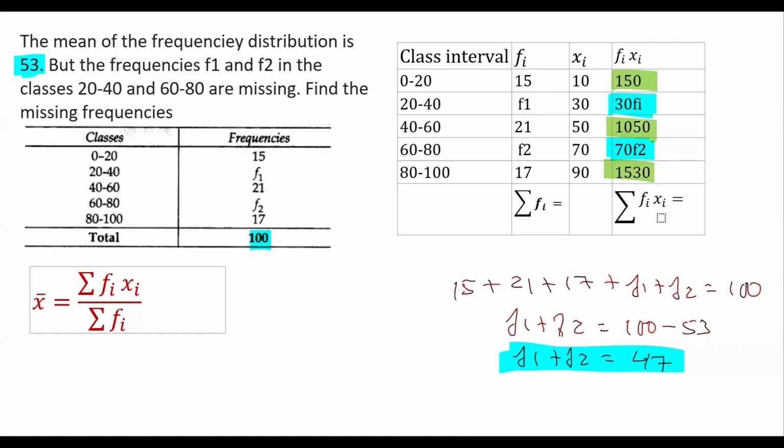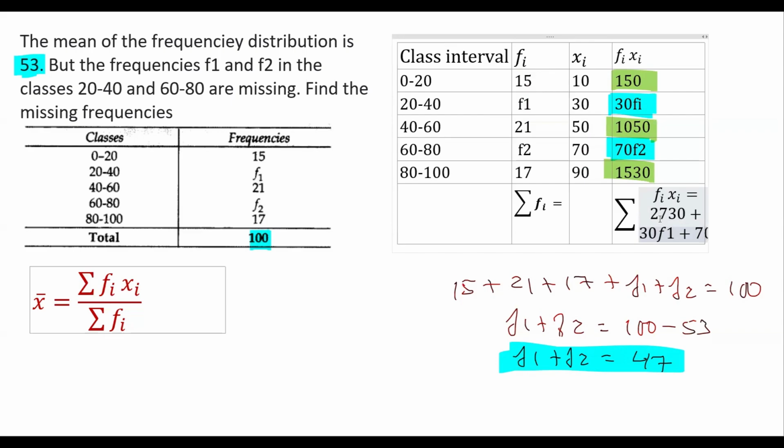On adding, I'm getting 2730 plus 30 times F1, you can write this below, 30 F1, not fi, and plus 70 F2.